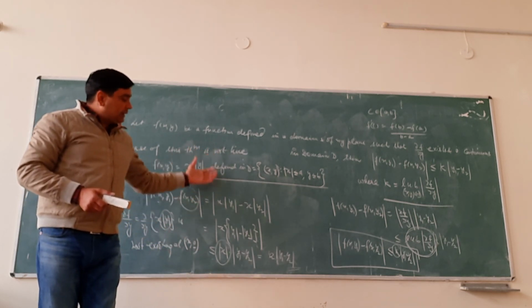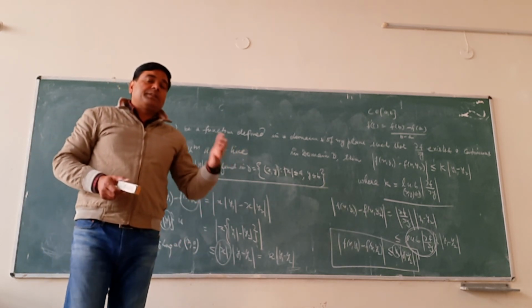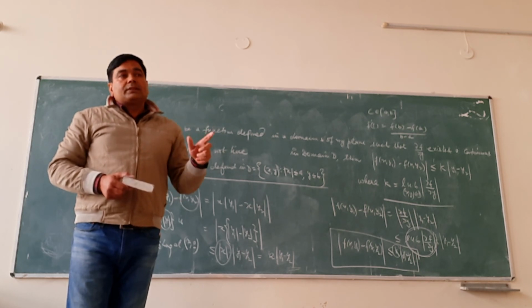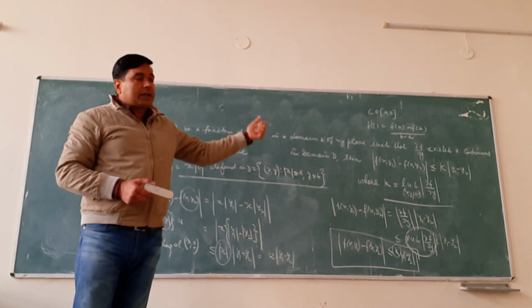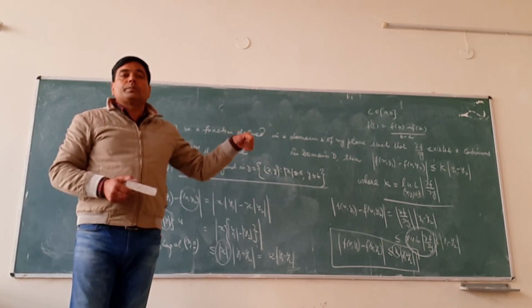So we have an example that there may be functions which satisfy Lipschitz condition, but it is not necessary that the derivative with respect to y will exist, or it may be possible that its derivative may not be continuous.